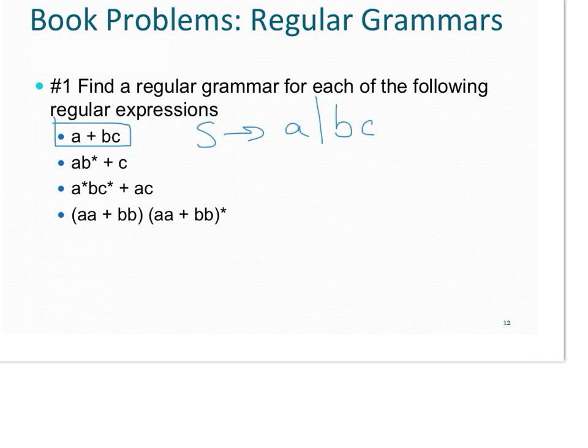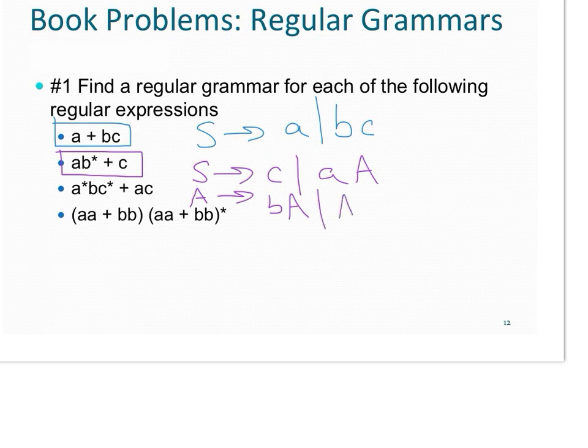The next one is a b star plus c. So one option is S could just go to c, right? The other option is S could go to an a followed by the rest of it, which I'll call A. And that A rule is going to have to represent my b star part, so I'm going to say A goes to b A or lambda.